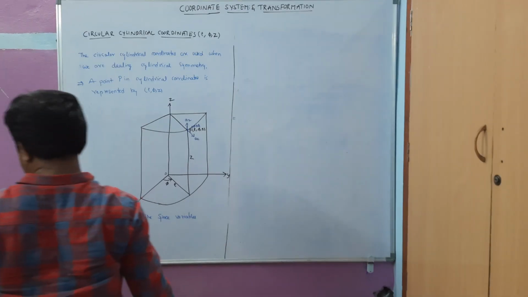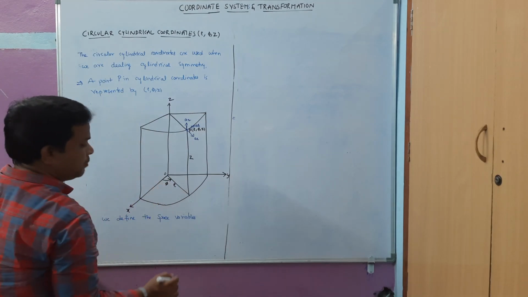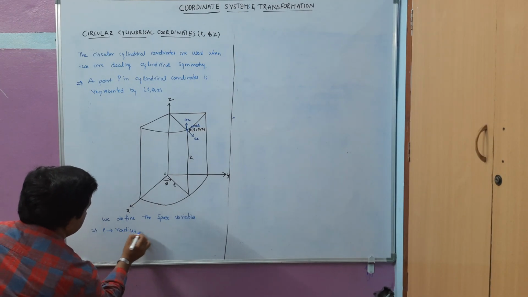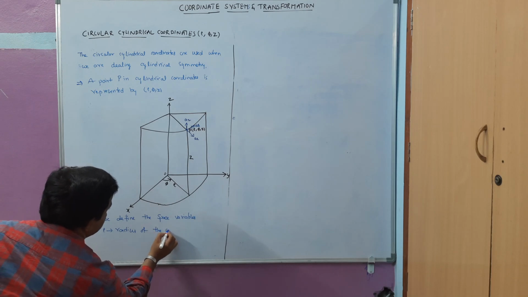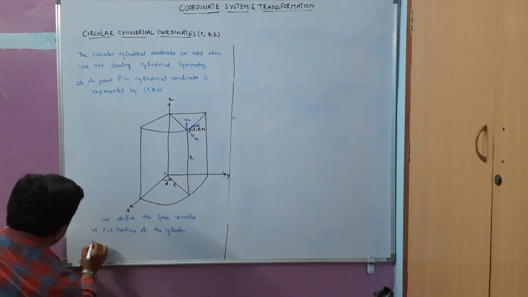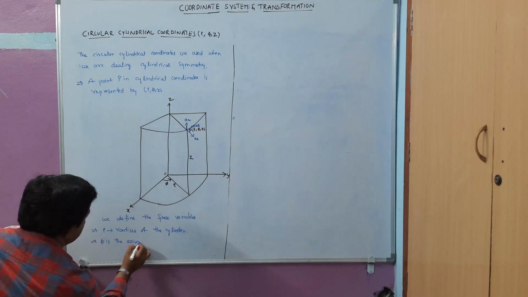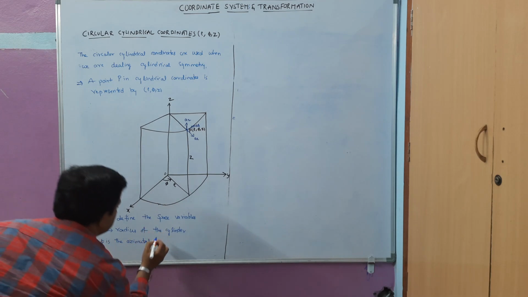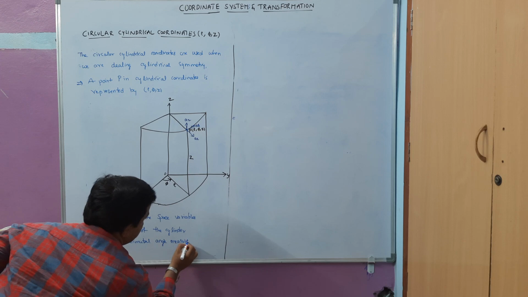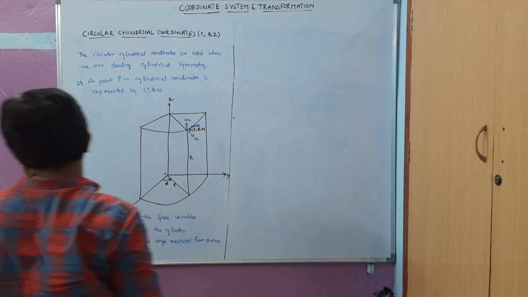Here we are having rho as the radius of the cylinder, and phi is the azimuthal angle, or we can say circular angle, azimuthal angle measured from x axis, and we'll see the ranges of these here.